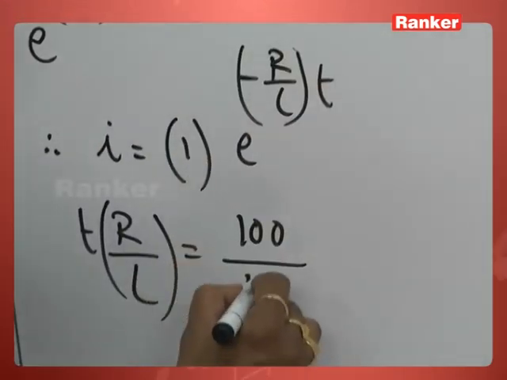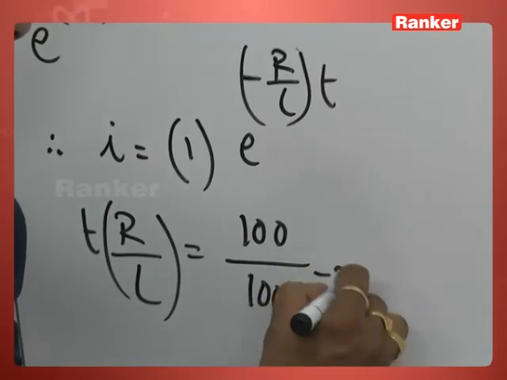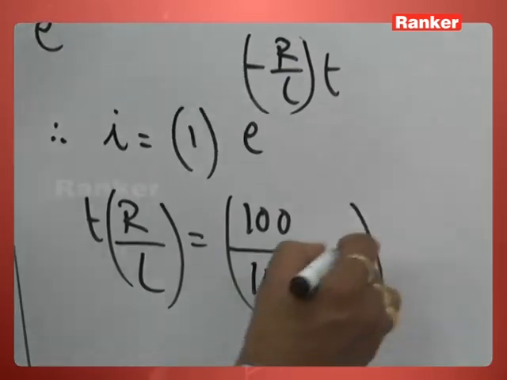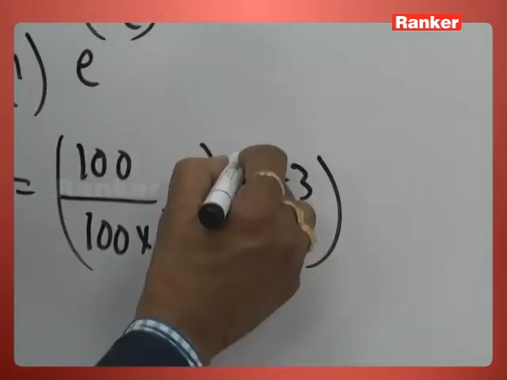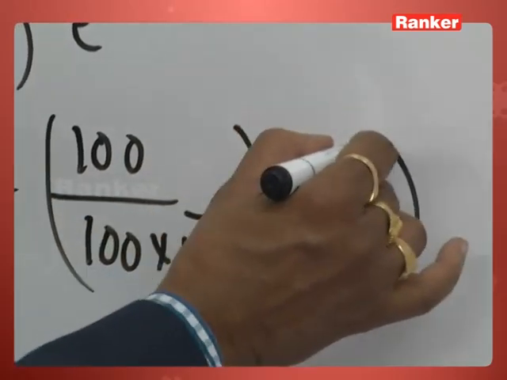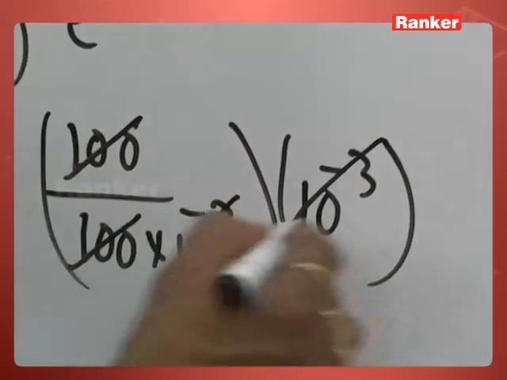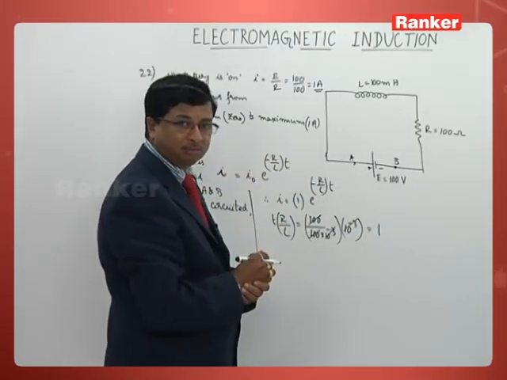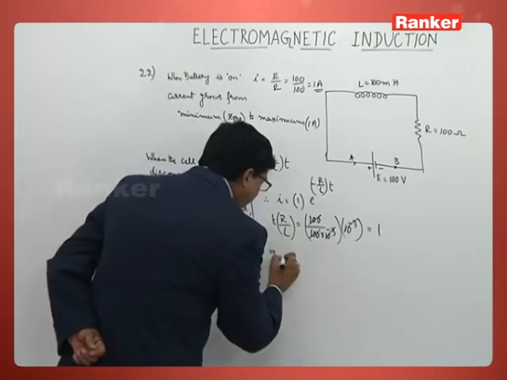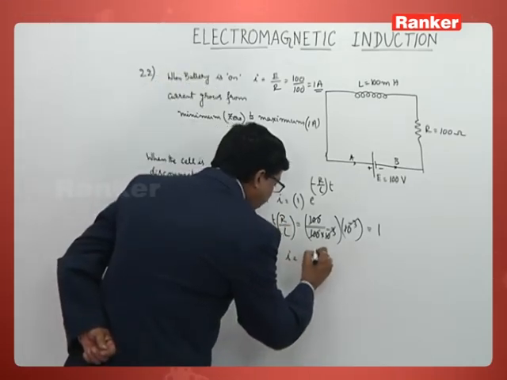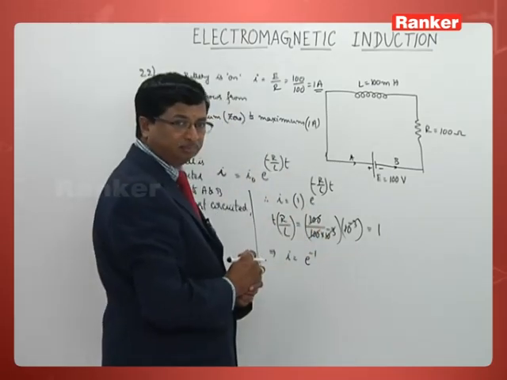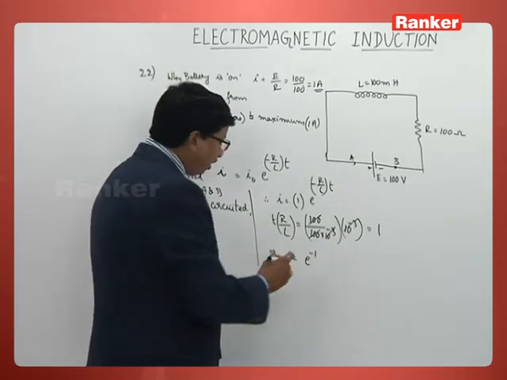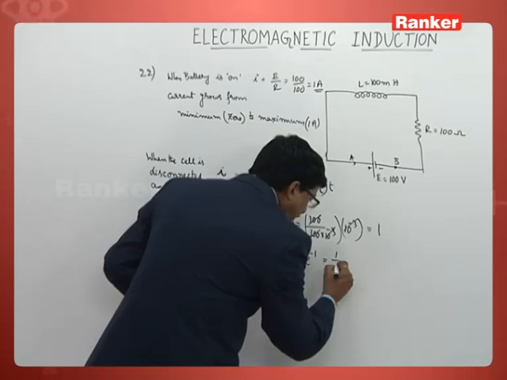L given 100 millihenry. Time given 1 millisecond later, so it is 10 power minus 3 second. So you can cut this, 100 gets cancelled. Altogether you are getting this total value as 1. So this implies I is equal to e power minus 1. Can't you now rewrite the same as 1 by e, please?